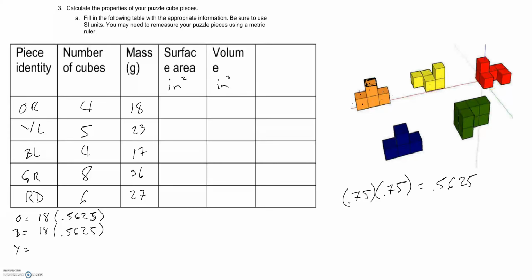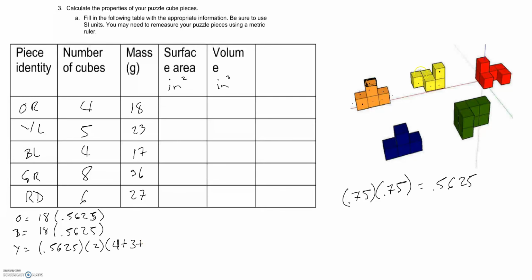So, let's go with the yellow one next. I would say 0.5625, the area of one of these faces, times 2. That'd be the front and the back, the left and the right. And I'd count just the squares on one of the sides. So 1, 2, 3, 4. Plus, from this side over here, there's 1, 2, 3.